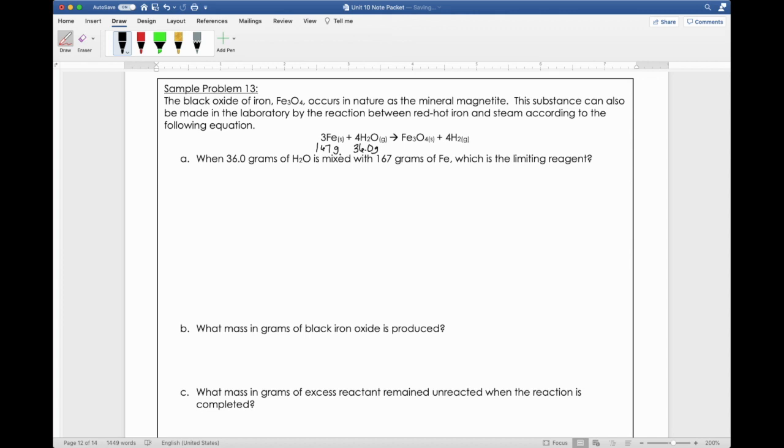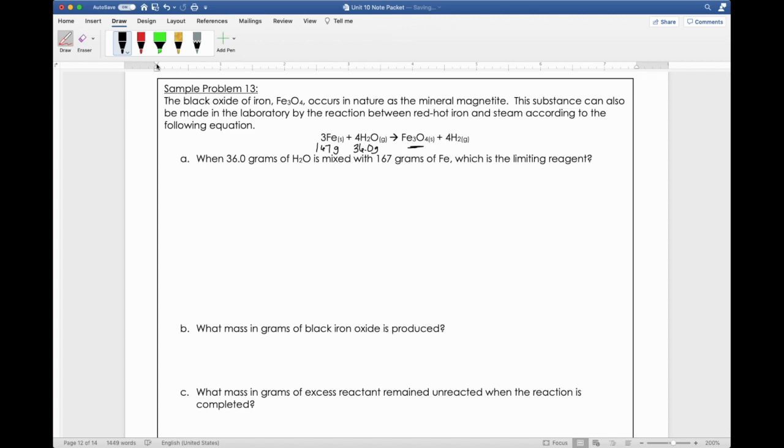Again, let's read through the rest of the problem just to determine, do I need to convert to a specific product? And if I look at question B, what mass in grams of black iron oxide is produced? We're going to convert to this product here because once I solve A, I actually already have the answer for B.